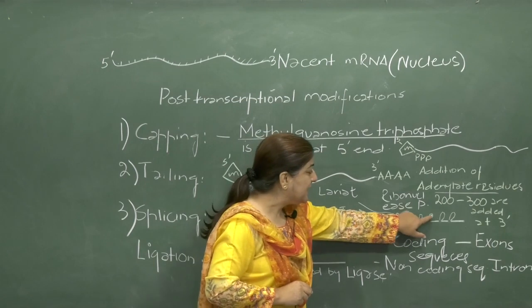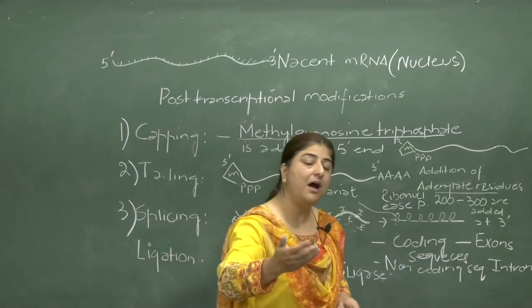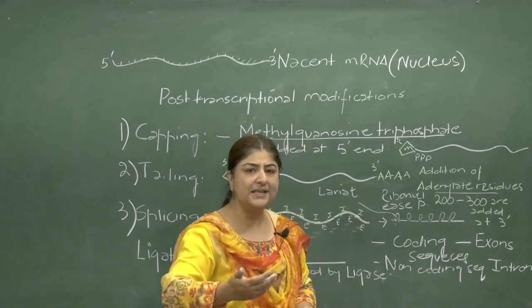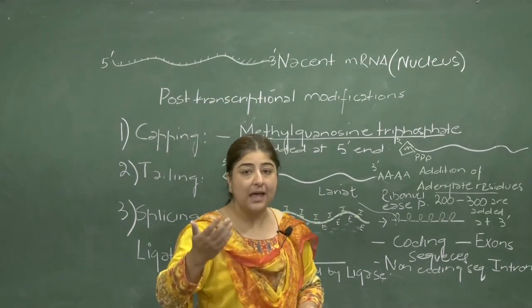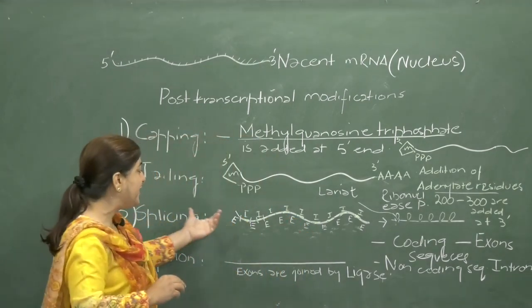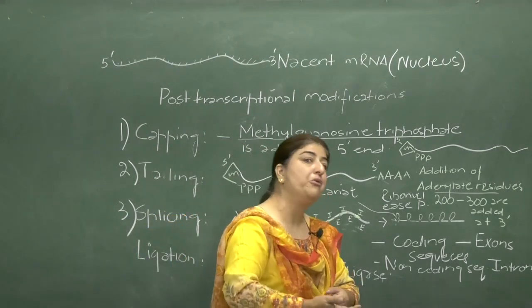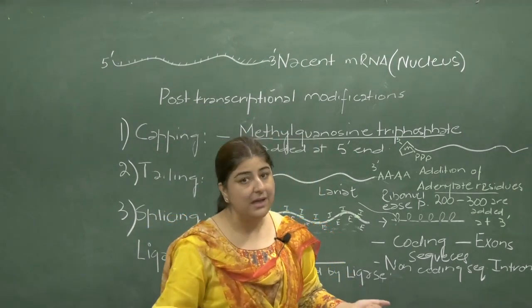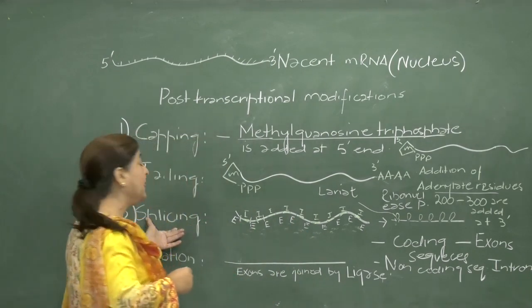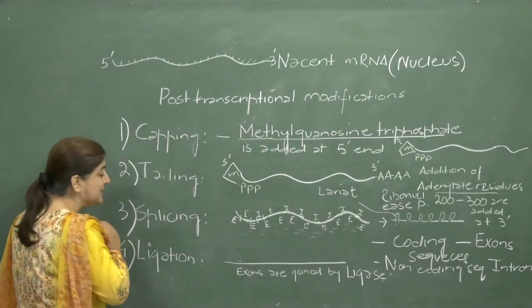You can see these are basically the spliceosomes, the excised non-coding sequences known as introns. So in the process of splicing, the non-coding sequences are removed from this nascent mRNA transcript. This was the third process, and the fourth process is known as ligation.